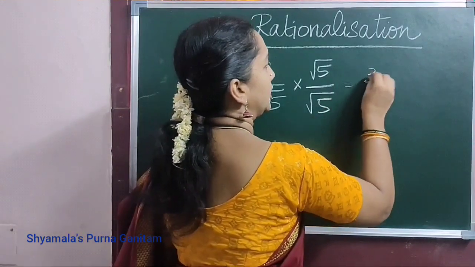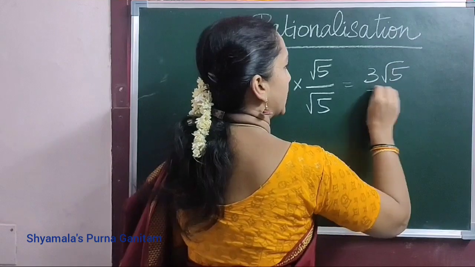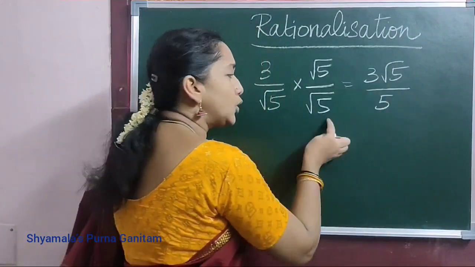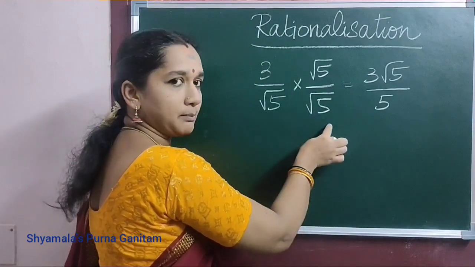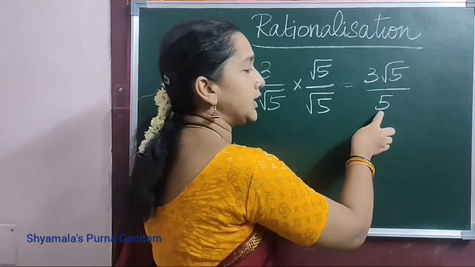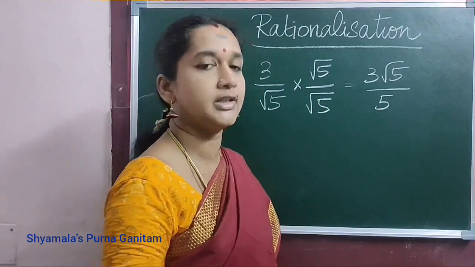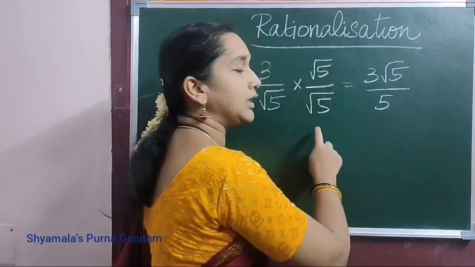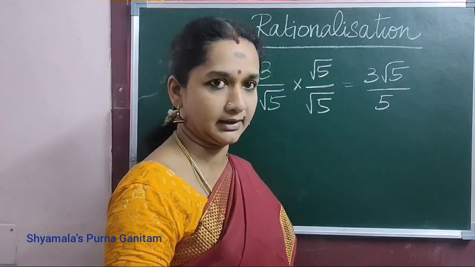This is equal to 3 root 5 by root 5 into root 5. The meaning is, these two are irrational numbers, and the product of two irrational numbers here you are getting as rational. So this is called rationalizing, and this root 5 is called the rationalizing factor.